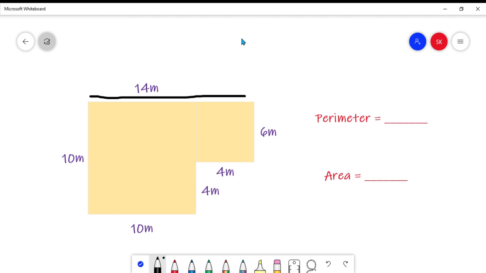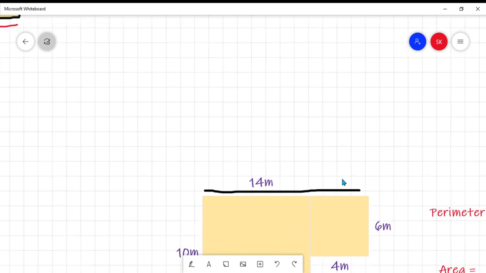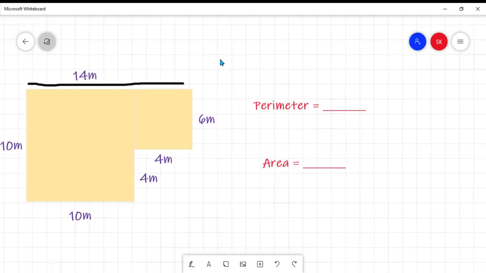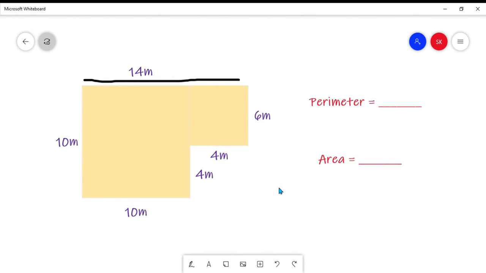You can work out the perimeter on your own. You can pause it now if you want to try and work it out on your own. Hopefully you understood it from the first example how to work out the perimeter. You can have a go, and in 5 seconds I'll start explaining and going through. You can pause the video now if you want to work it out yourself.